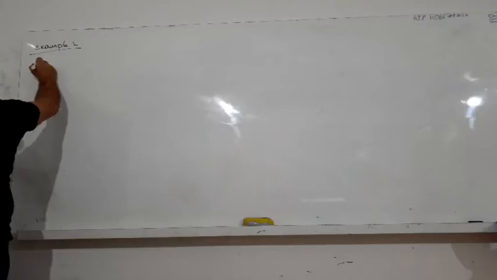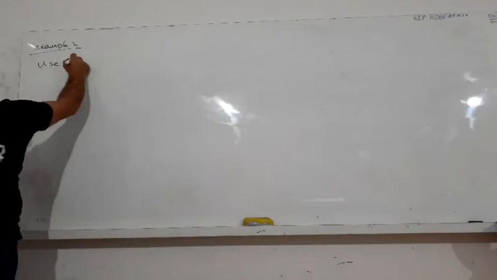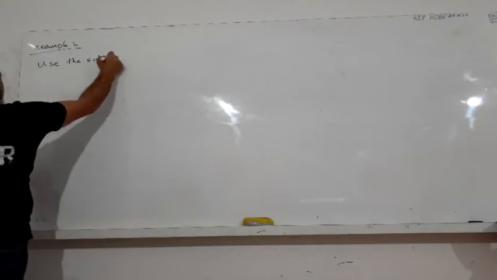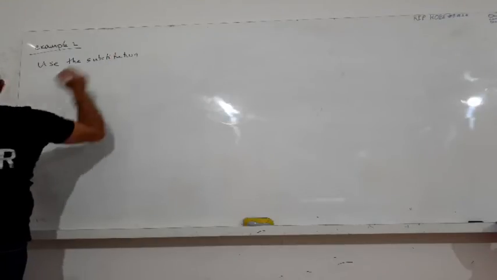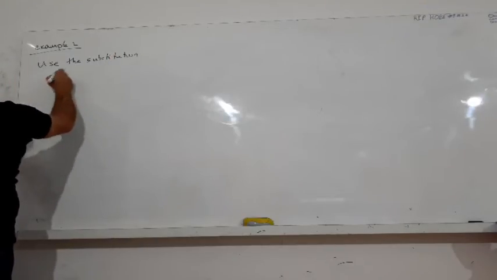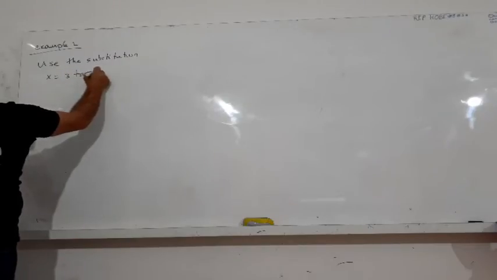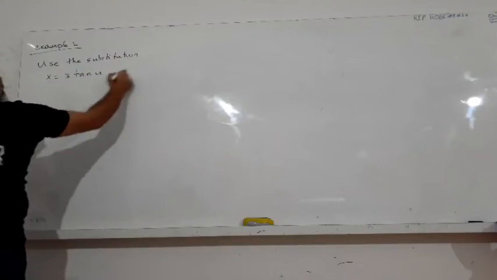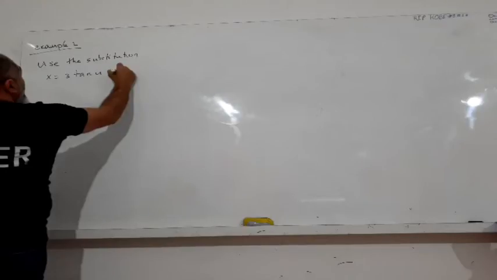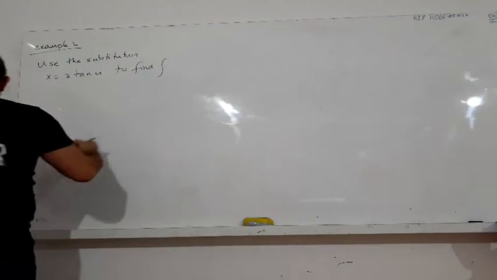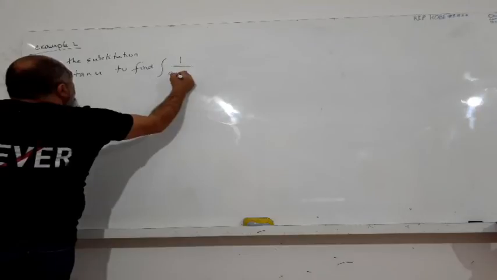Use the substitution x is equal to 3 tangent u to find the integral of 1 over 9 plus x squared dx. This is 9.